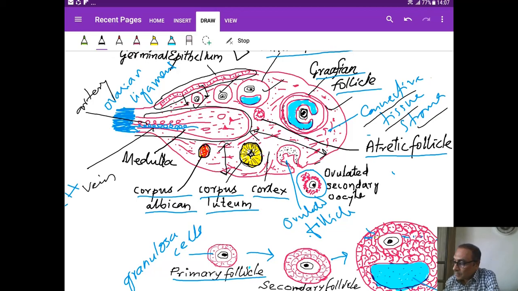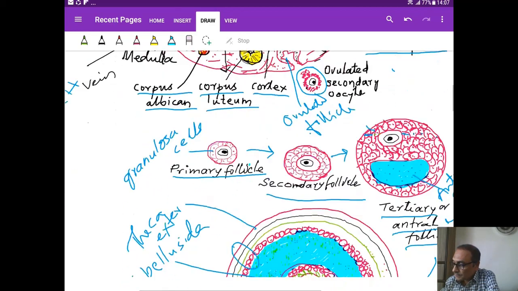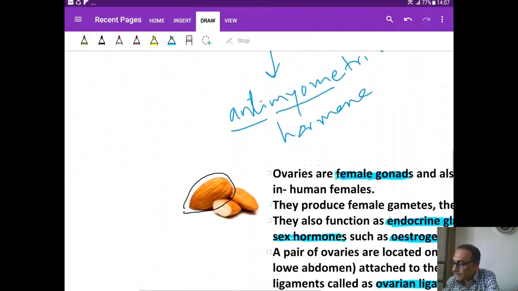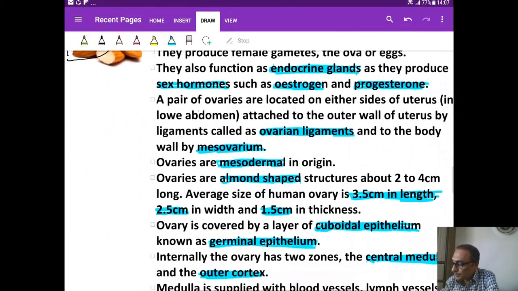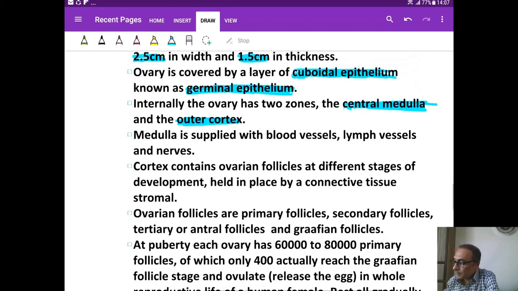Right? Now let us take up the other points. So we already discussed medulla is supplied with the blood vessels, lymph vessels, and nerves, and cortex contains the ovarian follicles, which are in different stages of development.